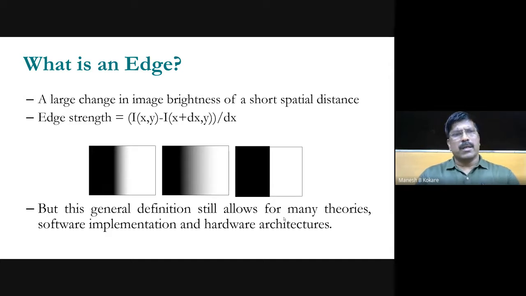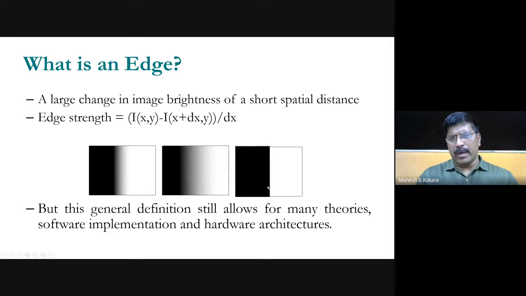So here, you know that I defined earlier the spatial frequency. It is nothing but the rate of change of pixel intensity. Here you see that in this image, all the pixels in this region have intensity equal to 0, and all the pixels in this region have intensity equal to 255, right?